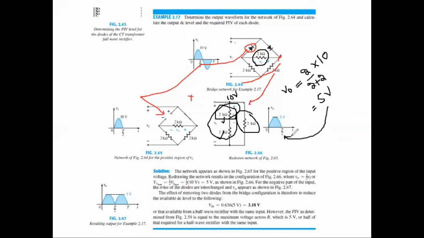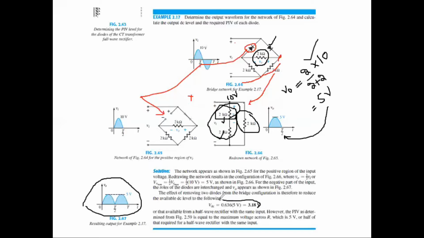Similarly, for the reverse direction, this diode will behave as an open switch, while this one will behave as a short switch, and the same waveform will be generated here like this one. This is again a full wave rectifier, but the value of the input peak voltage will be halved here. How can it be halved? By this formula. How can you find the average voltage?